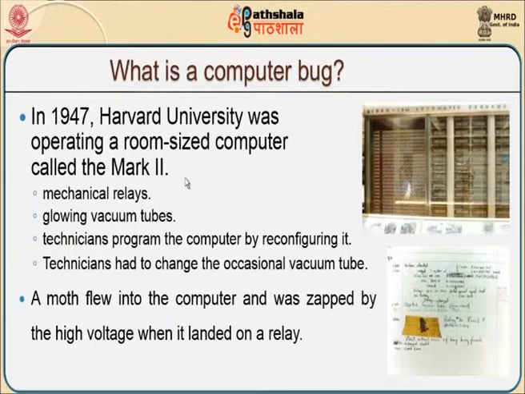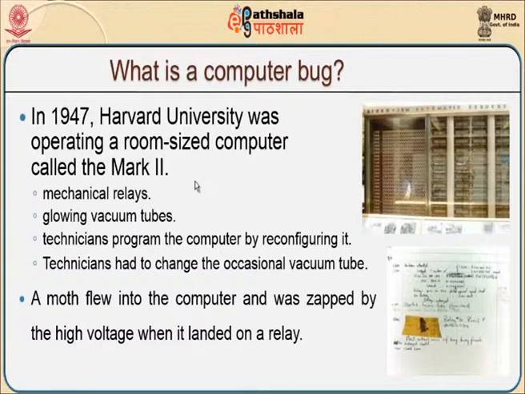So, we will try to see why this word bug initially came about. We are to define what is a computer bug. In 1947, Harvard University was operating a room-sized supercomputer called Mark II, with mechanical relays, glowing vacuum tubes, and technicians who programmed the computer by reconfiguring it.